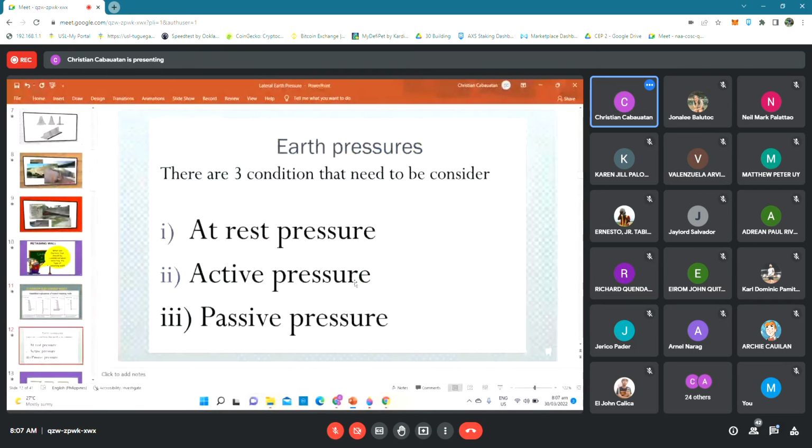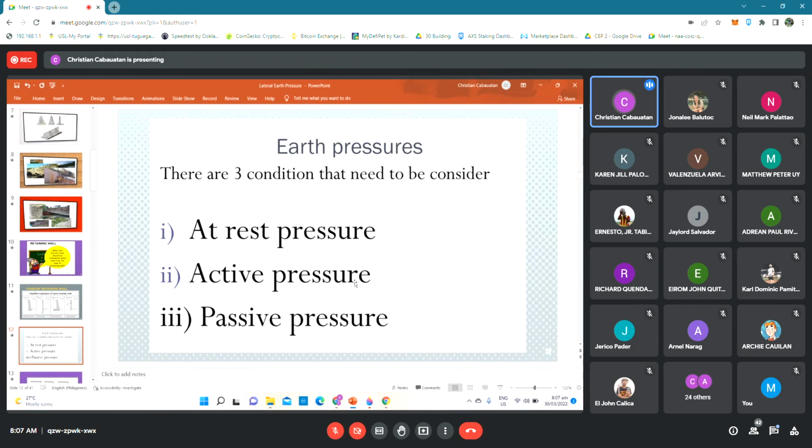So there are three conditions that we need to consider in designing earth pressure. The first one would be the at-rest pressure. Okay, so what is an at-rest pressure and what are the equations that we would consider in this at-rest pressure? Okay, the second one would be the active pressure.